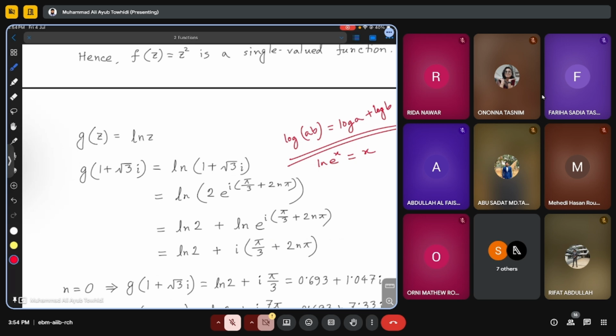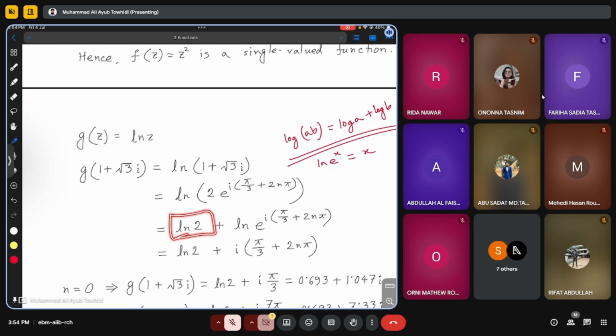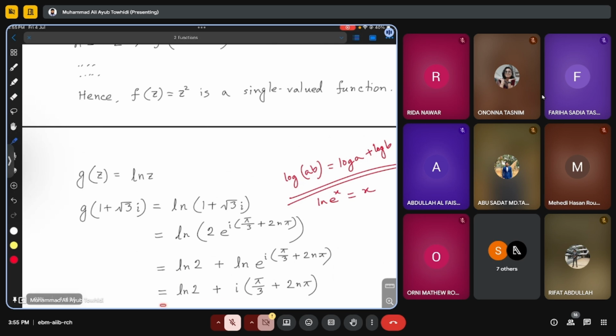Okay. So this becomes ln 2 plus ln e to the power i something, or simply ln 2 plus i (pi by 3 plus 2n pi). Now tell me, is this single valued or multi-valued?